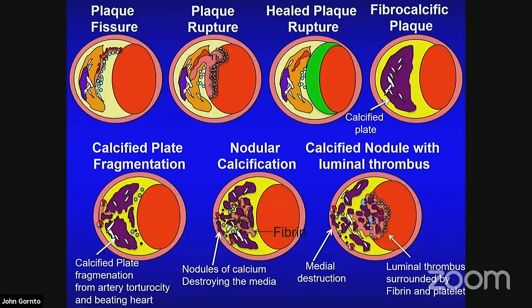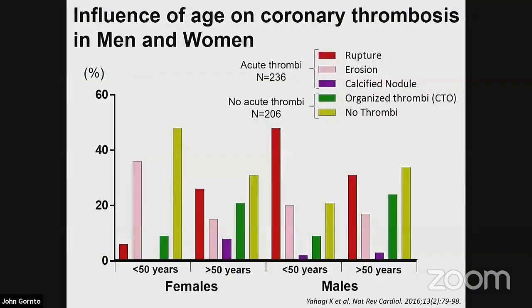And then with time, especially in regions where the artery is very tortuous, like the right coronary artery and the left anterior descending, these nodules can form and protrude into the lumen eventually and give rise to the thrombus, the calcified nodule. We believe that's the mechanism of formation.